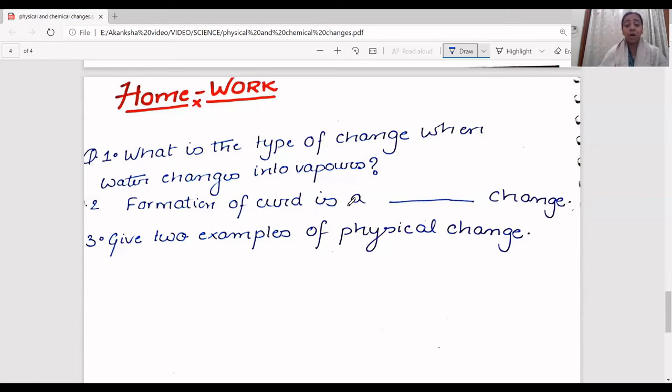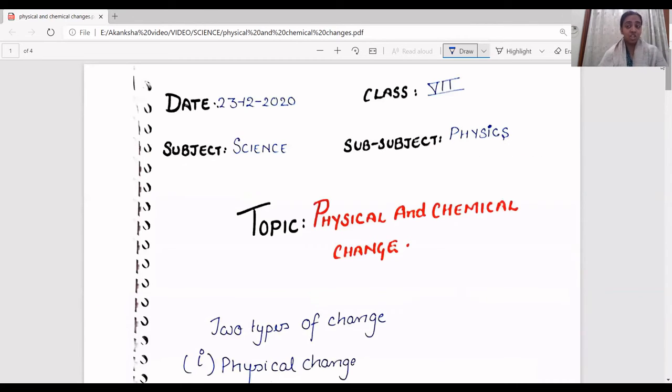Again, I will go back to the original topic. We were here to discuss physical and chemical changes. There are two types of changes: one is physical, another is chemical. Physical changes are temporary changes, whereas chemical changes are permanent changes. In physical changes, you can reverse back the situation, but in chemical changes, you cannot reverse back the situation. So you can easily draw the difference.